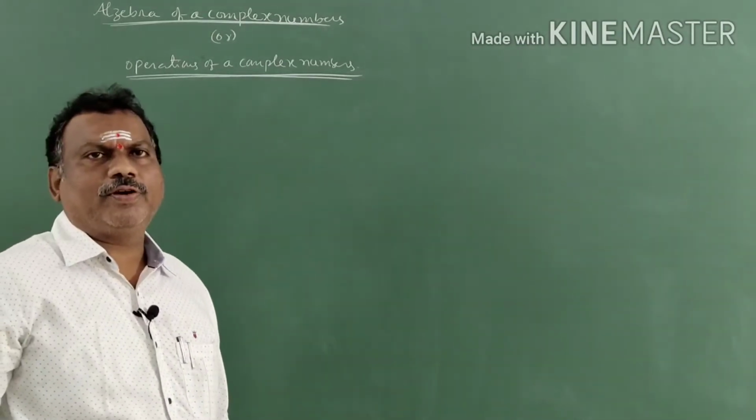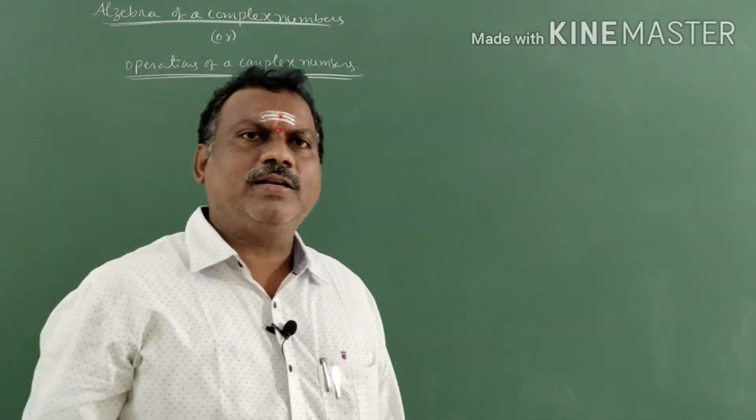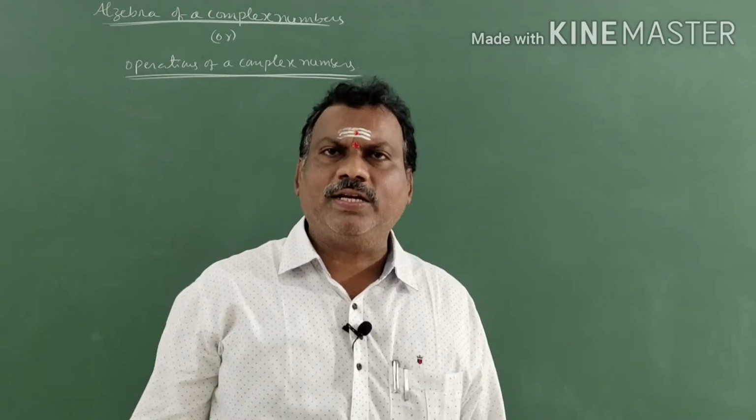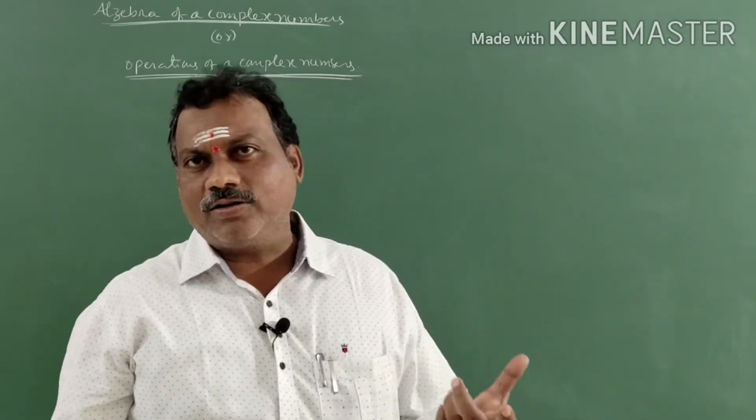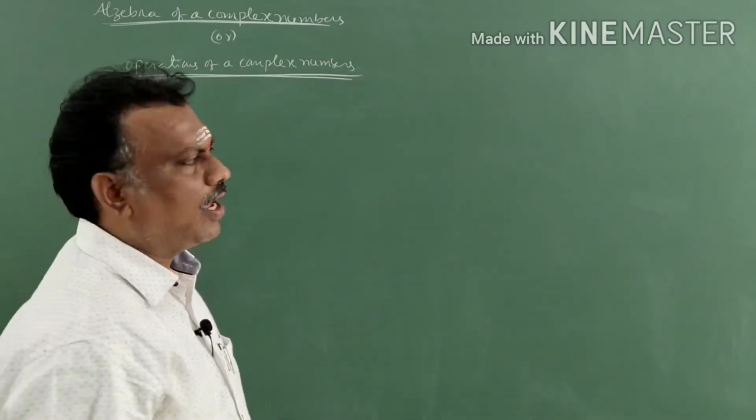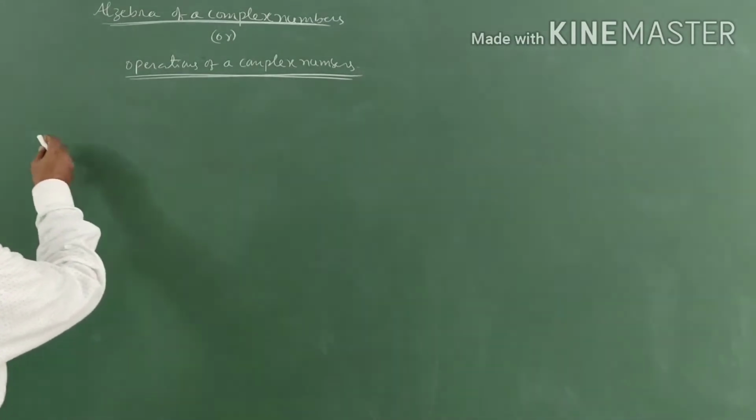Right students, we have four types of operation: addition, subtraction, multiplication, division. How to add two complex numbers? First we will go through the sum of complex numbers.